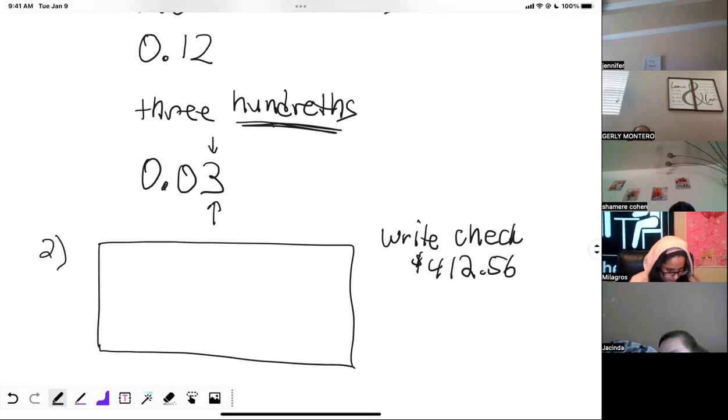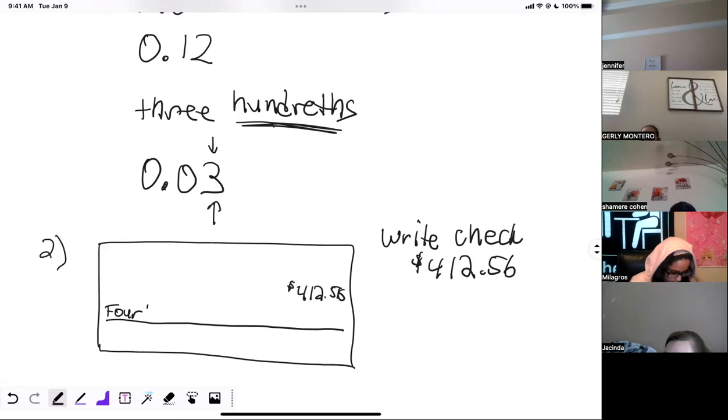Okay. So what you have to do is put $412.56 in the dollar part. There's always a dollar part of a check, but then there's a line right underneath it where you have to write it out. So it's 412, and they don't have dollars.